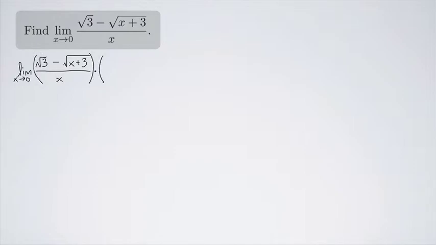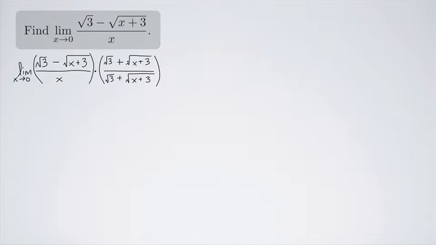I'm going to multiply this by the square root of 3 plus the square root of x plus 3. Now maybe you've seen this trick before, and since I'm doing it on the numerator, I also have to do it on the denominator here. So I'm essentially just multiplying by 1 because it's the same thing here. But maybe you've seen this trick before.